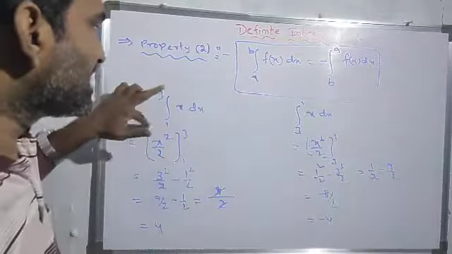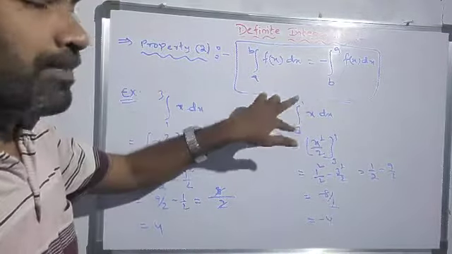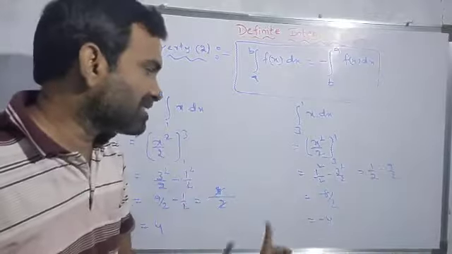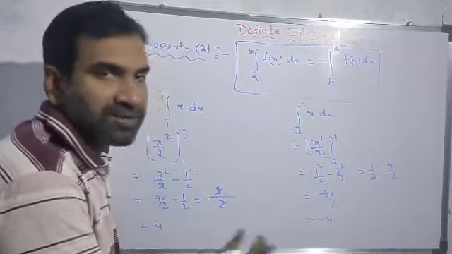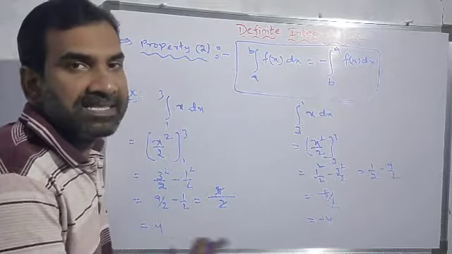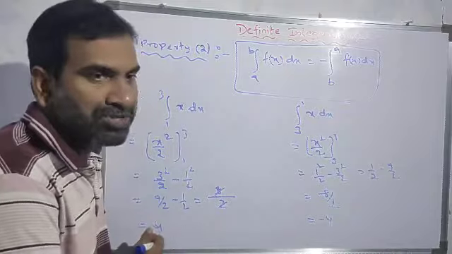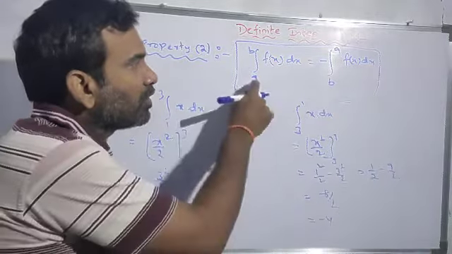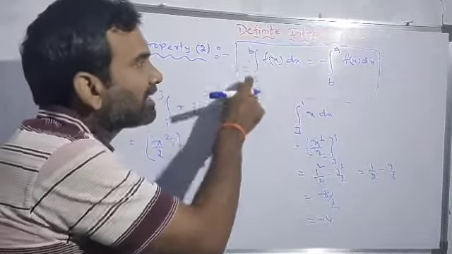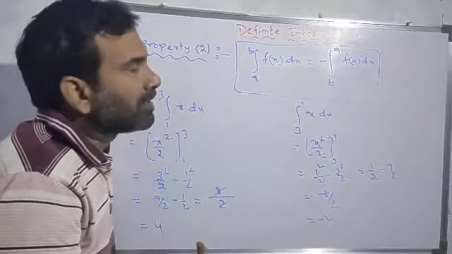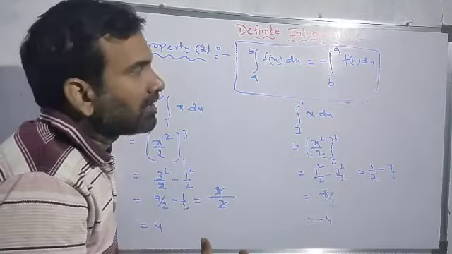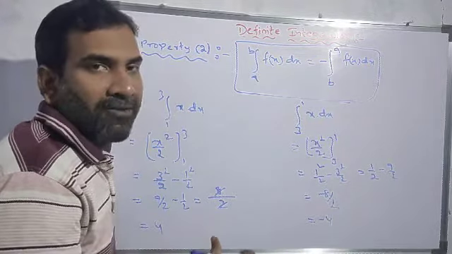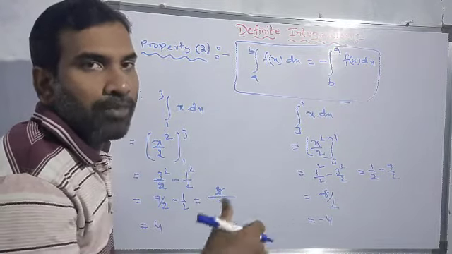That means if we interchange the upper limit and lower limit, our final results will have different signs. Here we are getting the positive sign, here we are getting the negative sign. So if we interchange the upper limit and the lower limit of the integral, our result becomes the opposite sign.